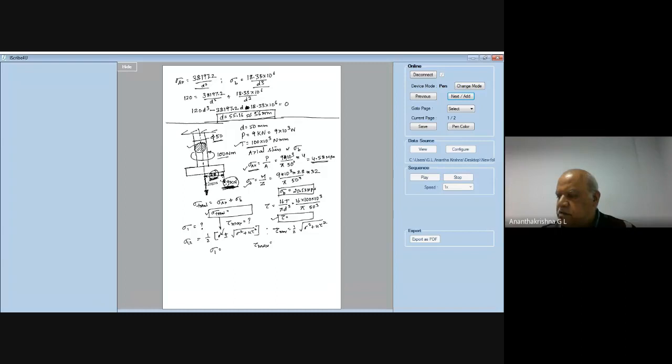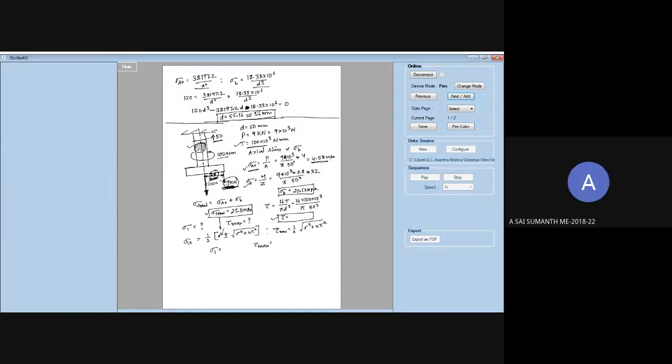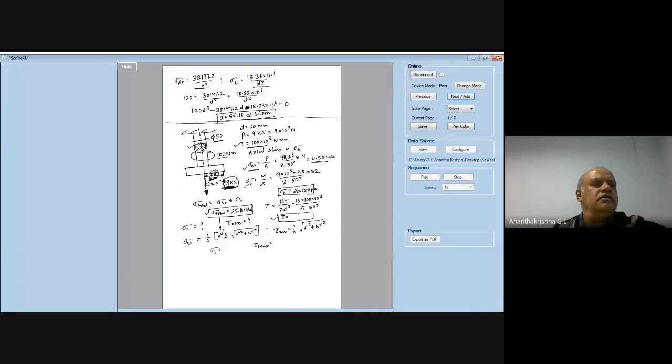So total is going to be somewhere around 25.11 megapascal, correct? Fine. Next, the shear stress, tau. 4.07. 4.0743. What I got is 4.07 Newton per mm square or megapascal.